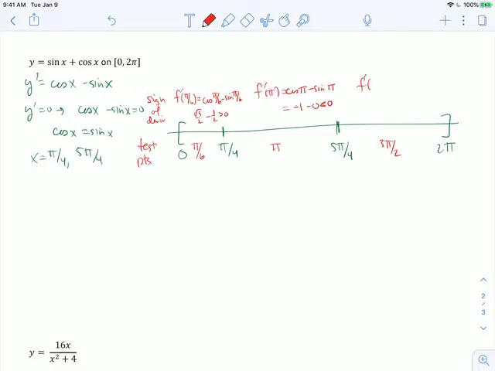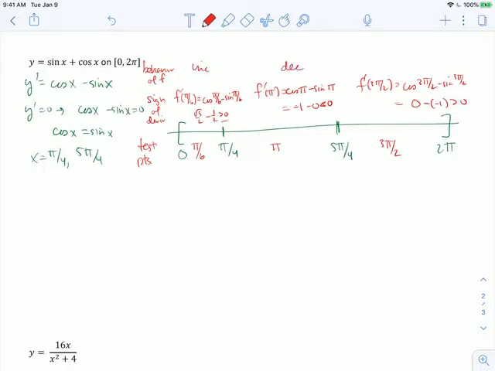And then at 3 pi over 2, cosine of 3 pi over 2 minus sine of 3 pi over 2. Cosine of 3 pi over 2 is 0. Sine of 3 pi over 2 is -1, so 0 minus -1 is a positive number. For my behavior of the function, a positive derivative means the function is increasing.